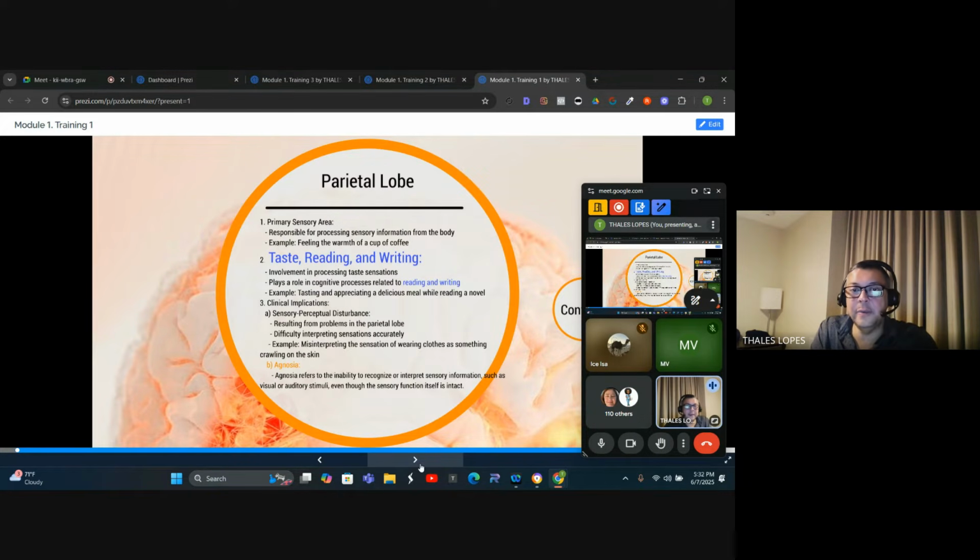Someone that's not able to draw a clock has damage in the parietal lobe, usually the right hemisphere, or the right parietal lobe, also called right hemisphere for the test purpose, right? So involvement in processing taste sensations, cognitive processes related to reading and writing.